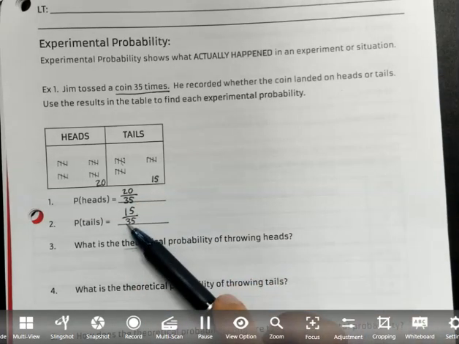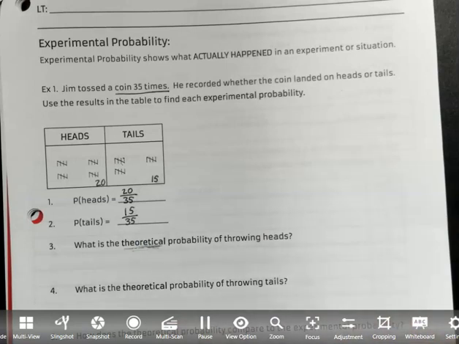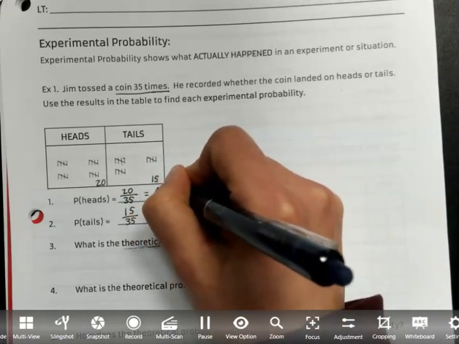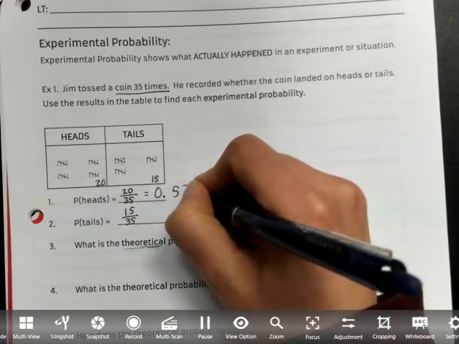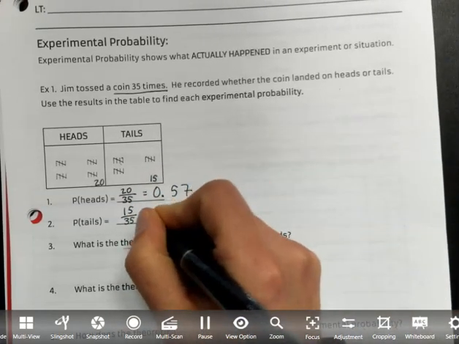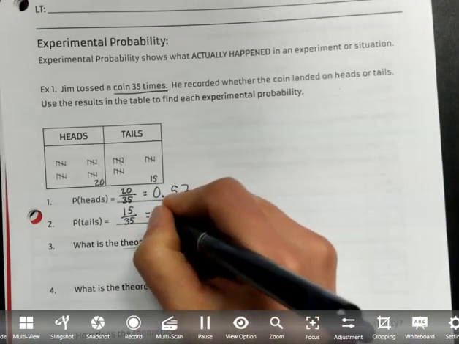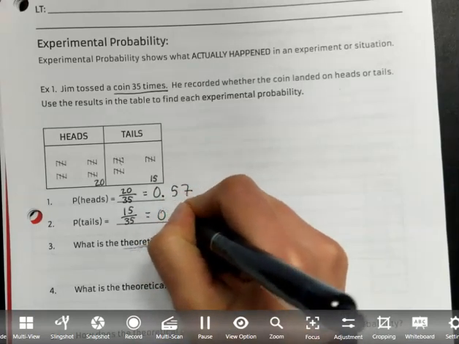It's okay to compare with like under 35, but I want to compare it to my theoretical probability, and it's harder to do when it's in fraction form. So converting it to decimal, 20 divided by 35, and I get this is equal to 0.57. And we have 15 divided by 35, and I get 0.43.